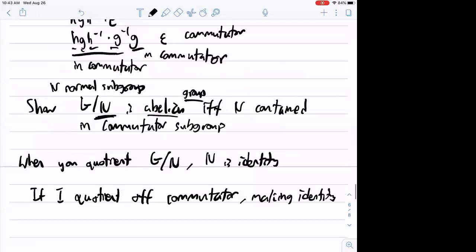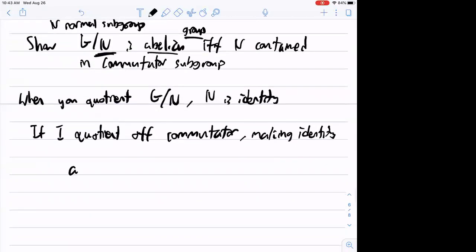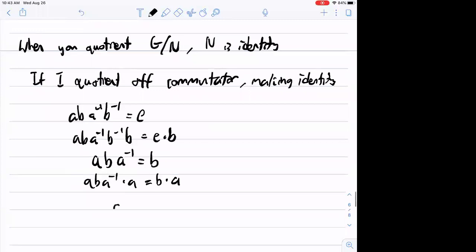The commutator is this: a b a inverse b inverse becomes the identity. Now you see what's happening. If I multiply by b, I get a b a inverse equals b. Now multiply by a on both sides, and I get ab is ba. This is exactly the abelian property. So that's the idea.